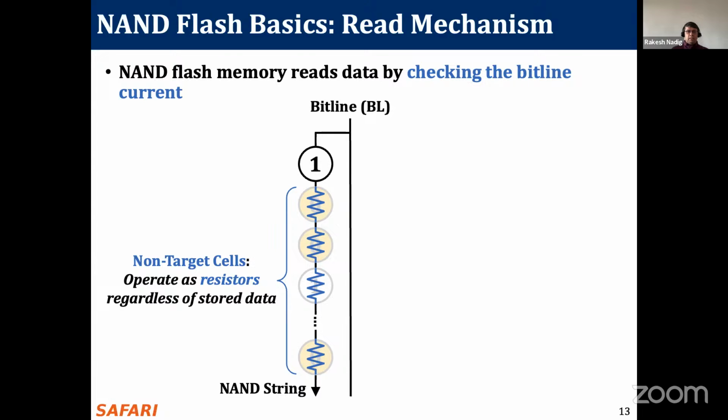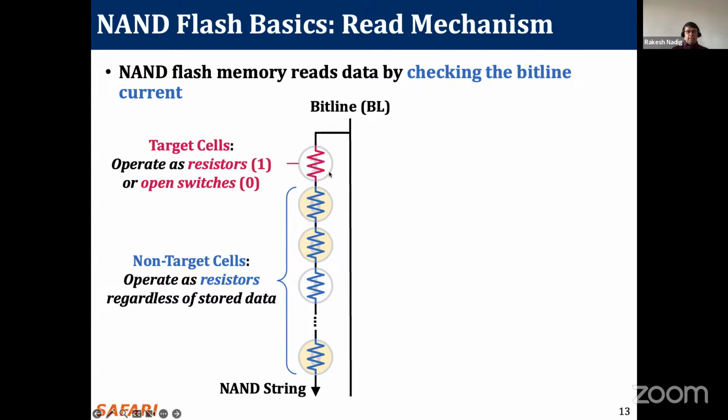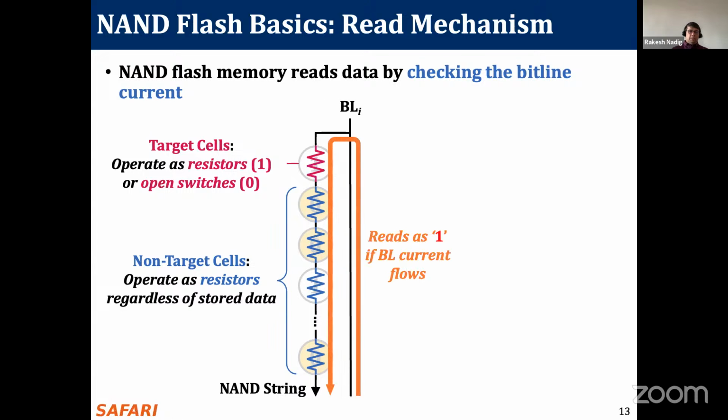Now, if we have a cell that we want to read, and currently it is in the erased state, then it acts as a resistor. And when we perform a read operation, the bitline current flows through the NAND string because all of these cells operate as resistors, and the sense amplifier detects it as a value 1.